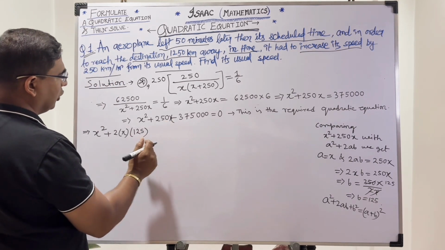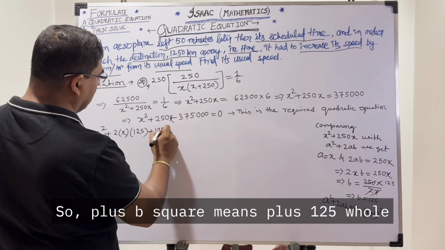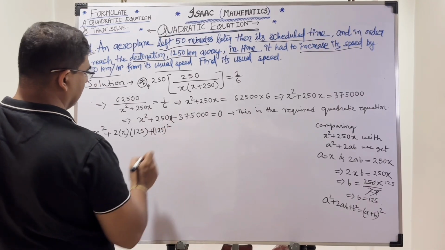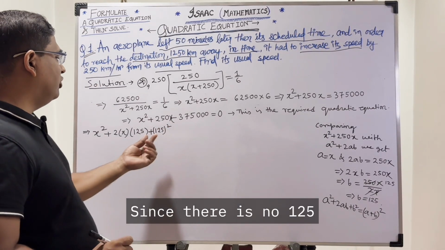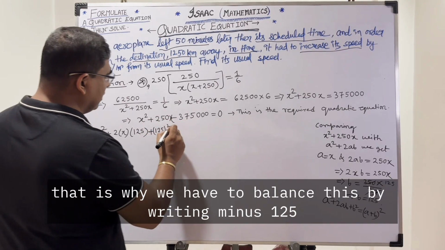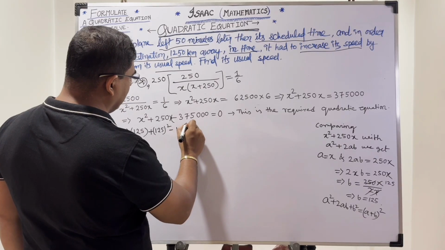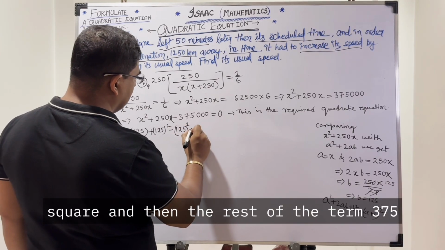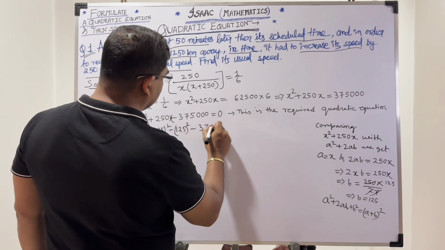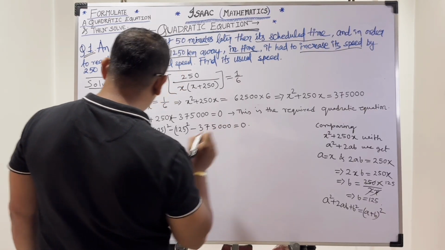So b means 125, so plus b square means plus 125 whole square. Since there is no 125 square present in this equation, we have to balance this by writing minus 125 square. And then the rest of the term, minus 375,000 equals 0.